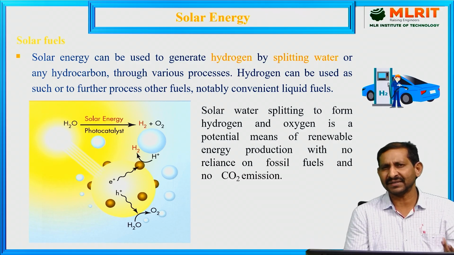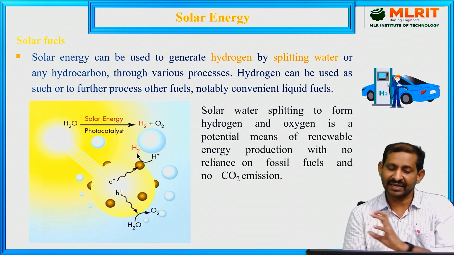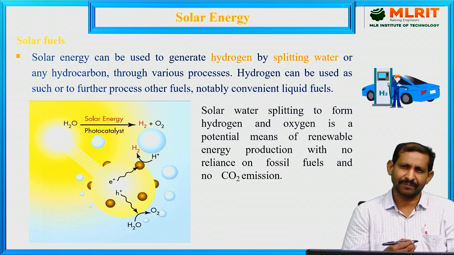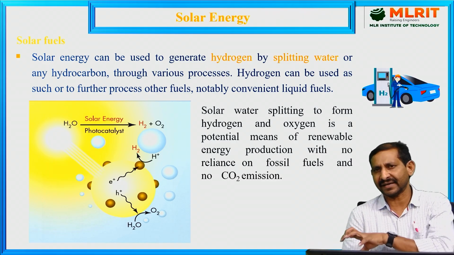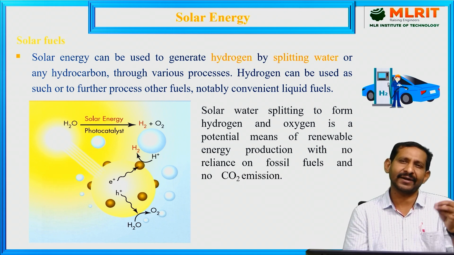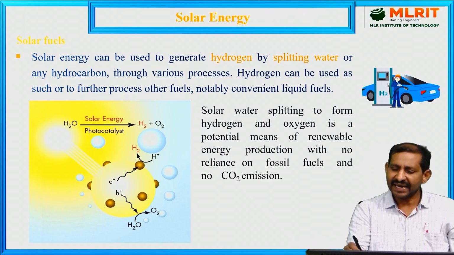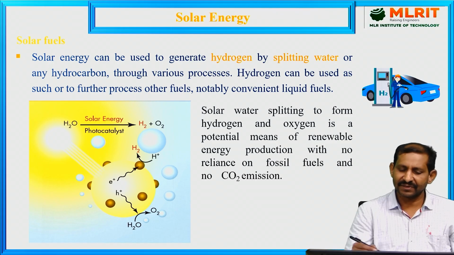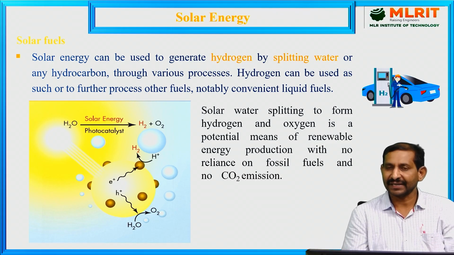Some of the hydrocarbons, whether methane, ethane, methanol, or whatever hydrocarbons are used, are split and hydrogen comes through various processes. Hydrogen is a major important source of fuel energy for electric vehicles. It comes from splitting water or various hydrocarbons like methanol, ethanol and ethane, and can be used as fuel, including convenient liquid fuels.